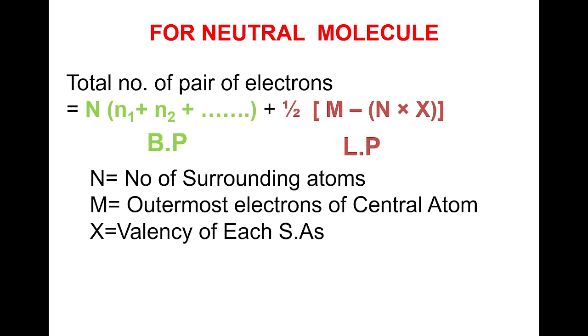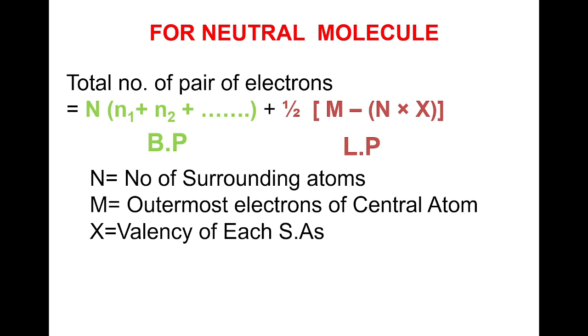And the lone pair of electrons is given by half bracket. This capital N stands for the number of outermost electrons present in the central atom, the central atom of the molecule.